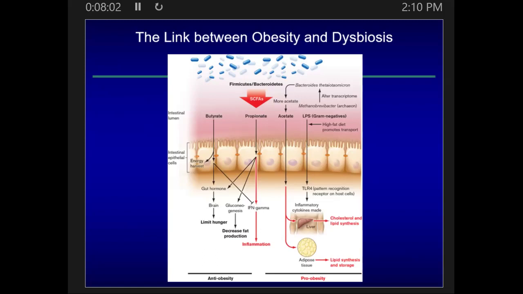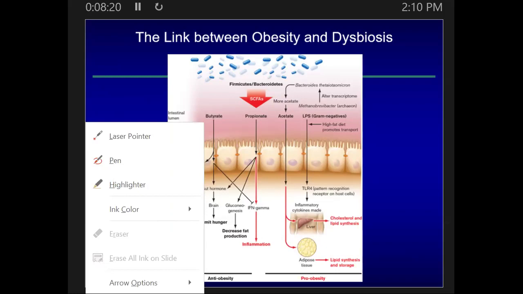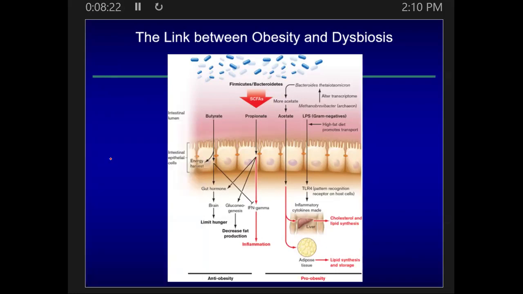What they're finding in studies, this is data from an earlier study, is that depending on what short chain fatty acid you're looking at, it could either lead to obesity or not. So let's look at this a little bit closer. You have here propionate, and if you follow that arrow down, you can see it's kind of complicated.